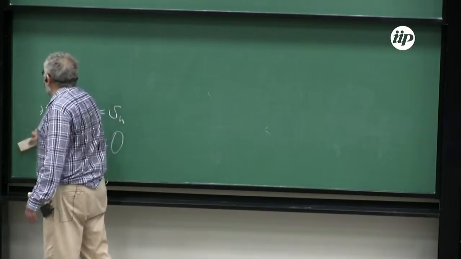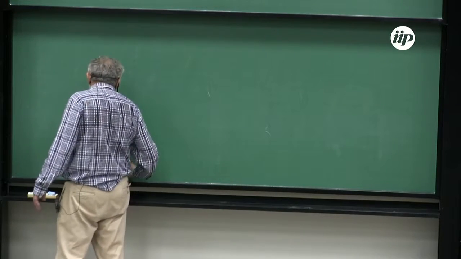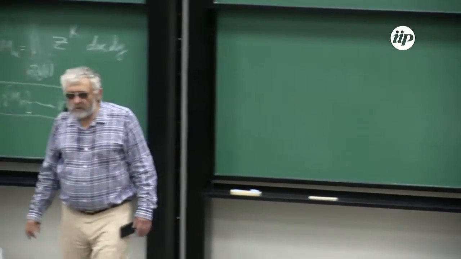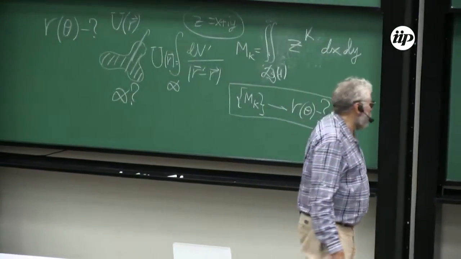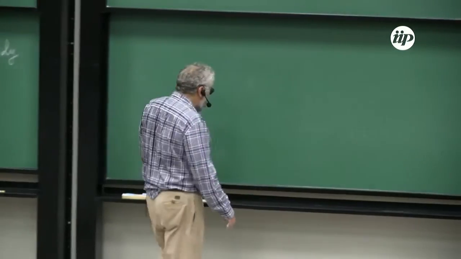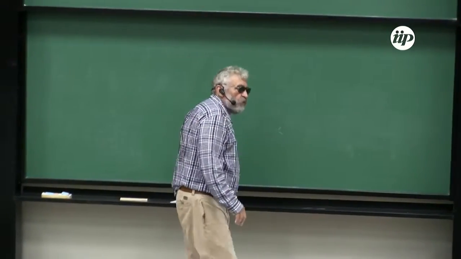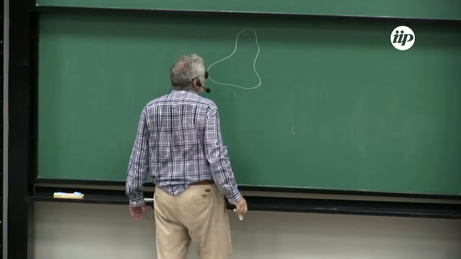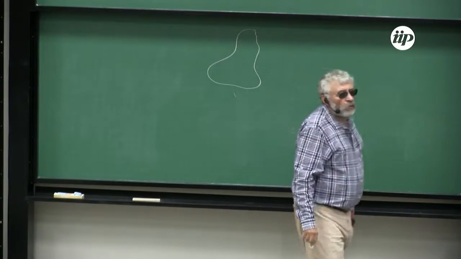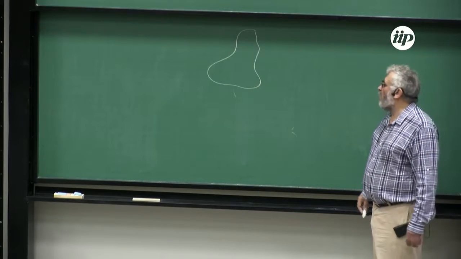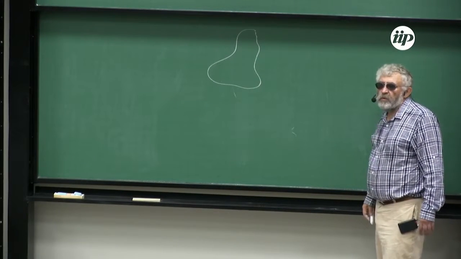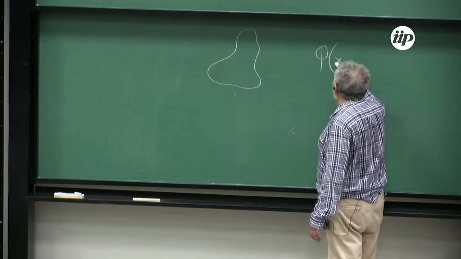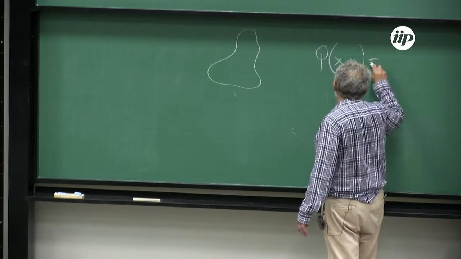In 2 dimensions, a very interesting mathematical object exists, which is of great help. This object has a name, Schwarz function. This is a closed curve in 2 dimensions, and this is an implicit description of this curve.